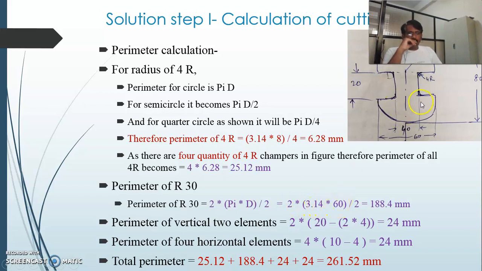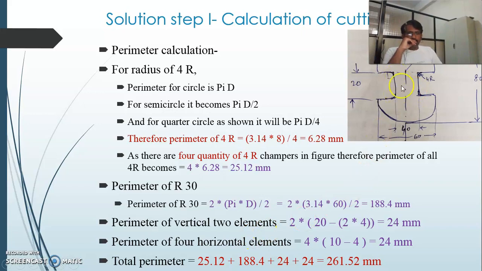As the radius of this semicircle is given as R30, the diameter becomes 60, and so the total perimeter of the two semicircles becomes 188.4 mm. Next, the perimeter of the two vertical elements.